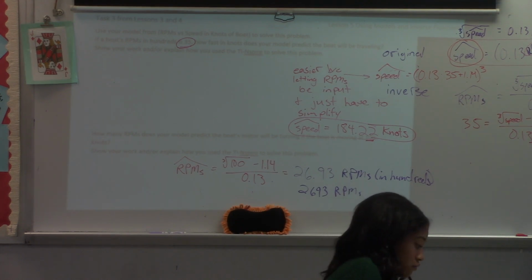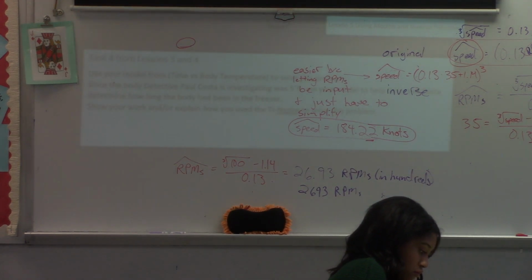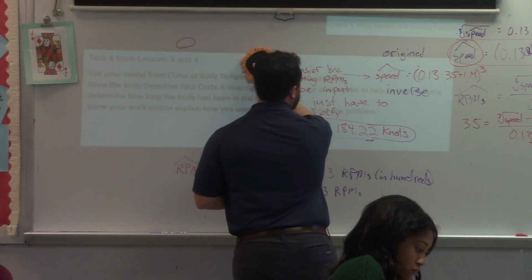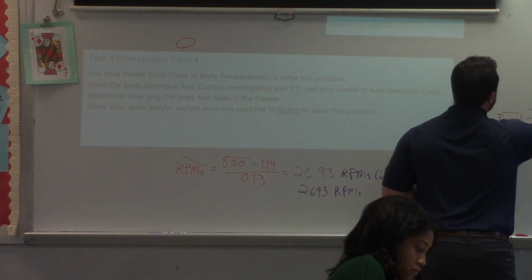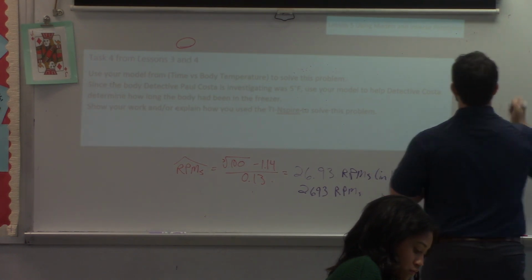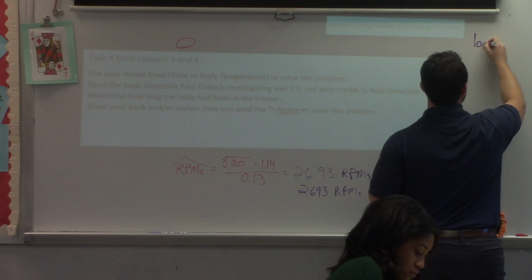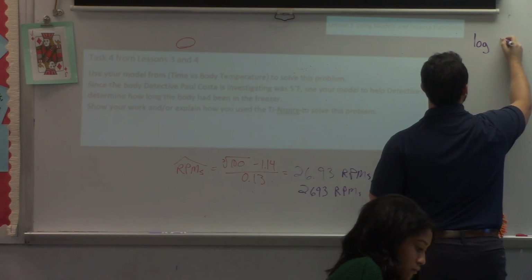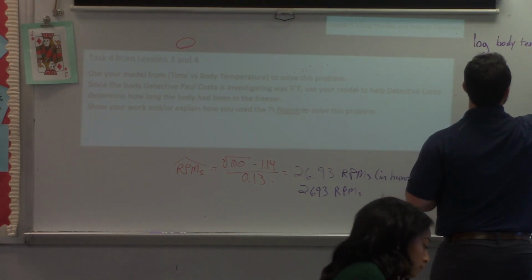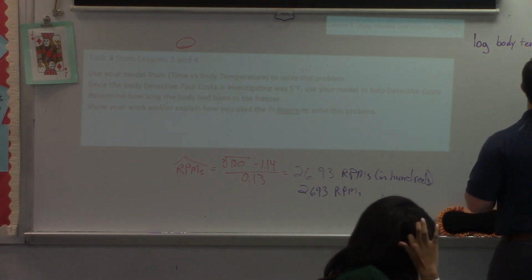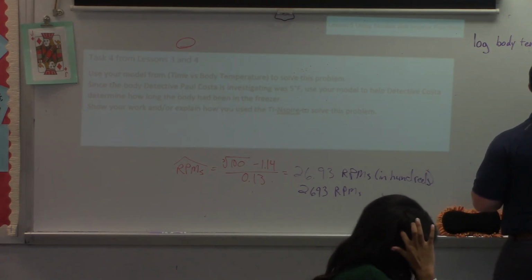Now I want you all to do one not completely on your own, within your small group. I want us to work on this one here, task 4. Now, with this task 4, I do want to have us all use the same models. So what was the inverse model again? I think it was the common log, the body temp was equal to something times the time in hours plus something.